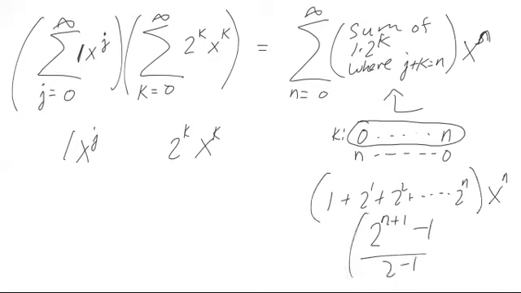And that's actually the coefficient of x to the n, and then we're done. We just multiplied the two series together, and we ended up getting this. 2 minus 1 is just 1 itself, so we really could just rewrite it like this. And that's our series. Kind of nice.